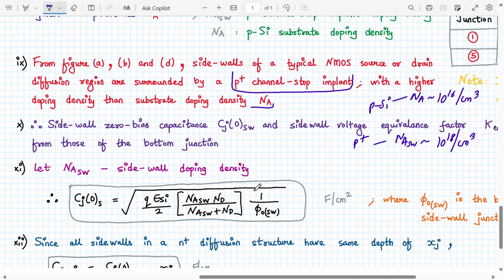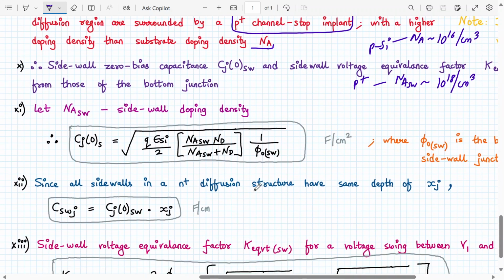Whatever formula we have derived, we have to write it in terms of Cj0, the zero bias junction capacitance. The sidewall capacitance formula will be slightly different, because the doping is different. Only Na is different over here. So Cj of sidewall will be the same formula; the only thing is we write the doping as Na sidewall. That's it. Only this is the change.